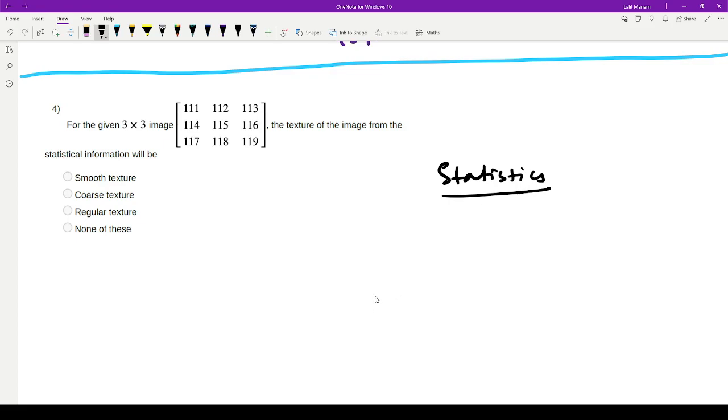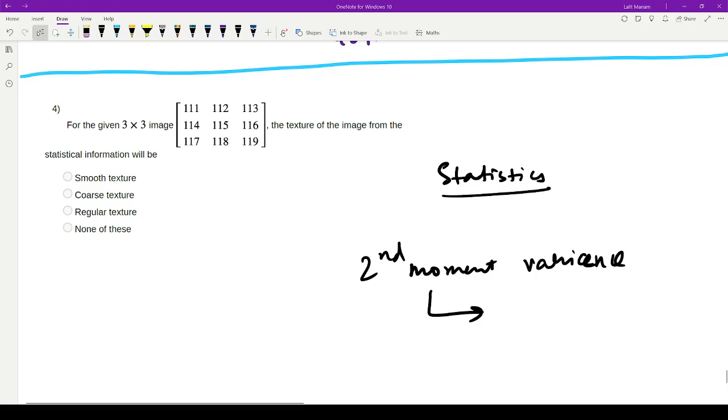What is the significance of taking moments? The second moment is variance, so what does it signify? Does anyone remember? Smoothness. Okay, that's right. This signifies smoothness. What about the third moment?